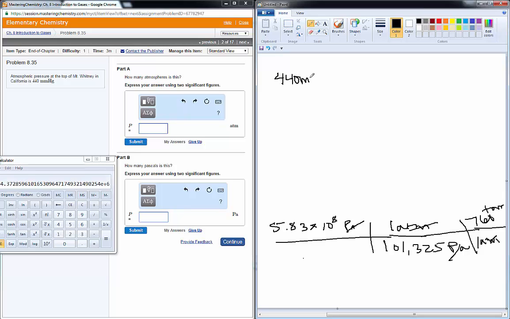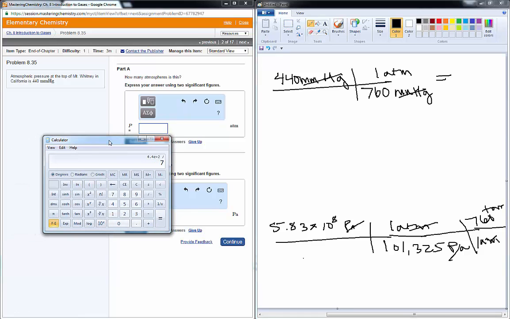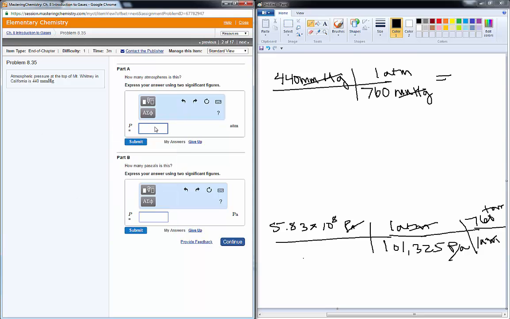But starting with 440 millimeters of mercury, 760 millimeters of mercury in 1 atmosphere. Plug that in. Convert that back to normal notation. That gives me 0.579 atmospheres.